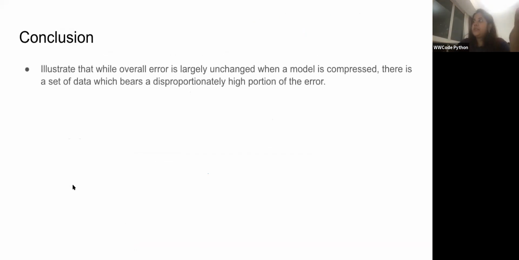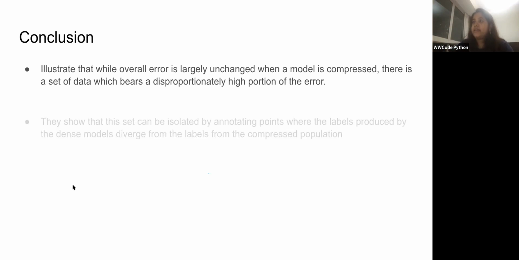So the conclusion is, even though the model is compressed, the overall error, as we have seen, remains largely unchanged, maybe a 5% error or something of the sort. There is not much of an error difference when you look at the error as an aggregate. But when we look at the data and the protected set of attributes, we see a disproportionate error on these attributes, which means there is a bias that exists.